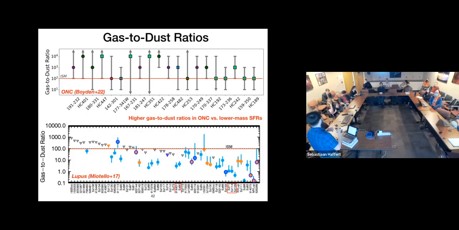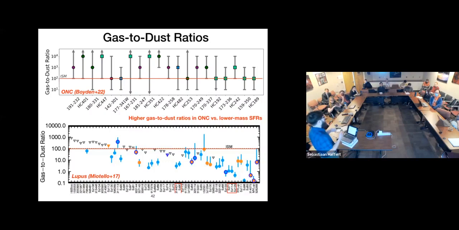And one thing that we're starting to do now to get a better handle on the amount of CO reprocessing in protoplanetary disks is use other molecular tracers like N2H+ or C2H to get a better handle on the abundance of CO, so that we can better measure gas masses towards those objects.